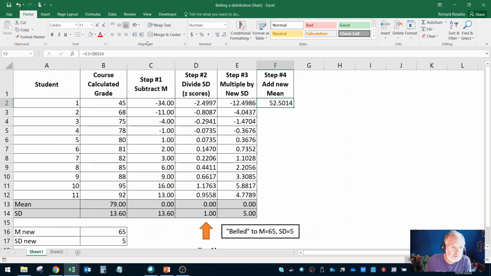Well, the average was 79. Now the new average is 65. But the one piece of information that we tend to forget when we're looking at distributions is the standard deviation. So the standard deviation is actually pretty important. If I keep the mean the same, but if I fiddle with the standard deviation, I increase the spread of the scores, because the standard deviation is a measure of dispersion. The greater the standard deviation, the greater the dispersion.